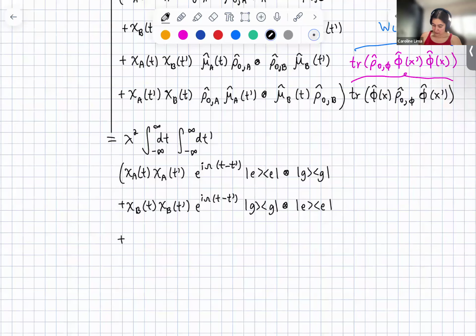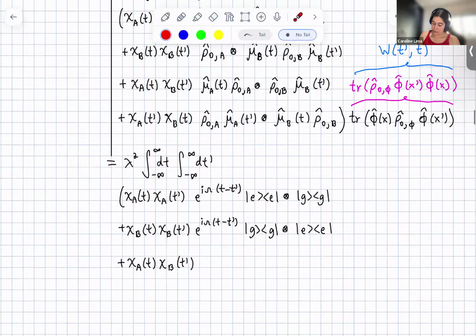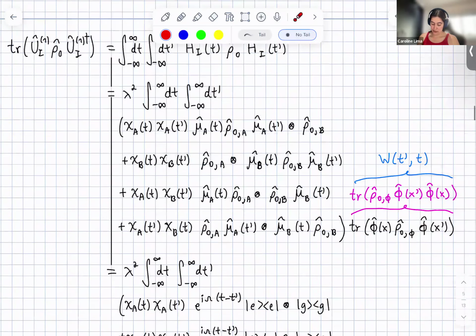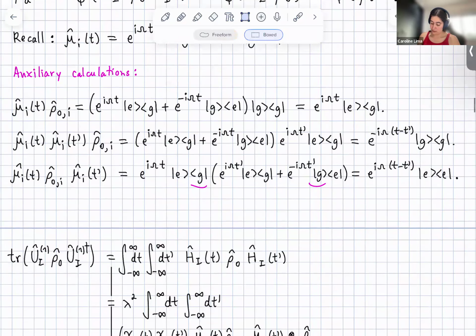So for the next one, we have chi A of T, chi B of T prime. And I'm acting, for A, it is going to be mu times rho, right? Mu times rho. This is what we have. So that's the result for mu times rho.